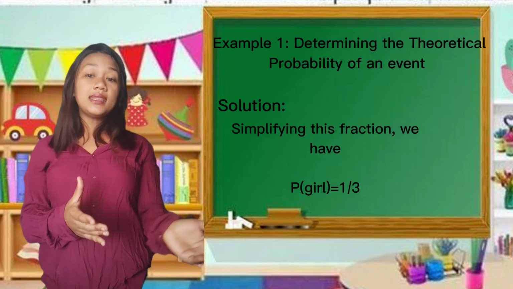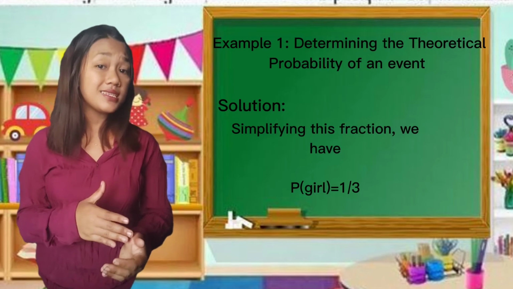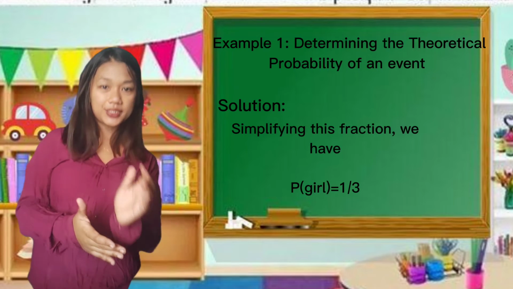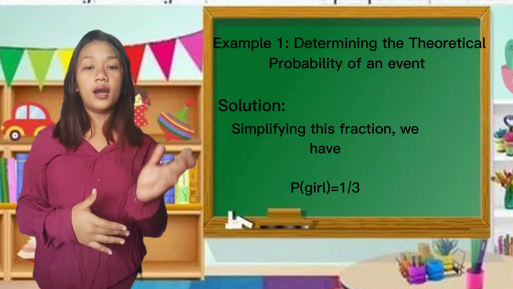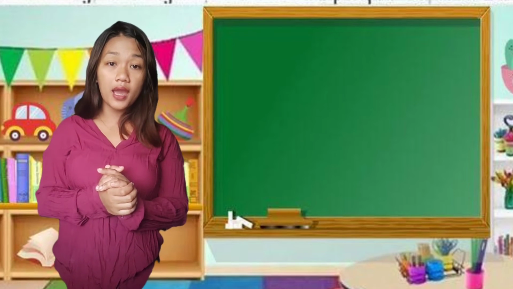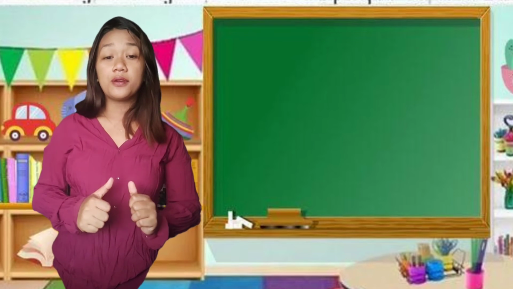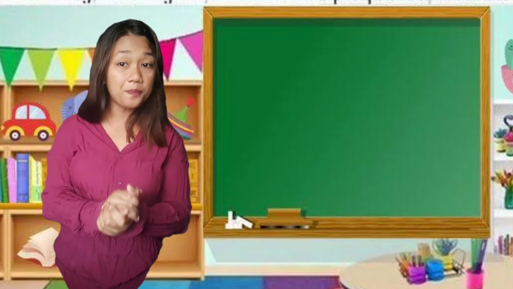Thus, the probability that a randomly selected student is a girl is 1/3. Does anyone have questions about example number 1? Okay, very good.